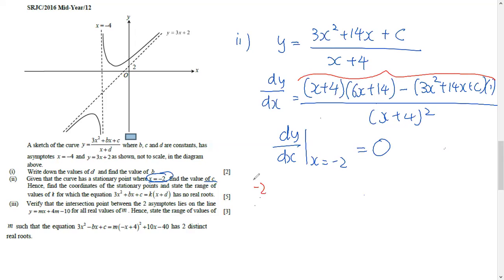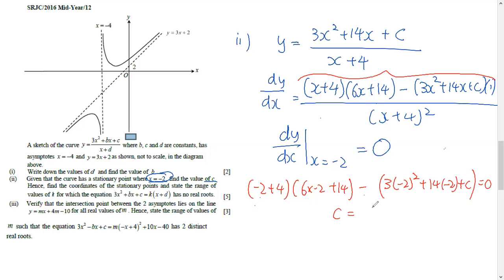So I sub in (minus 2 + 4) times (6 times minus 2 + 14), minus (3 times minus 2 squared + 14 times minus 2 + c), which gives you 0. From here, you can work out c to be 20.